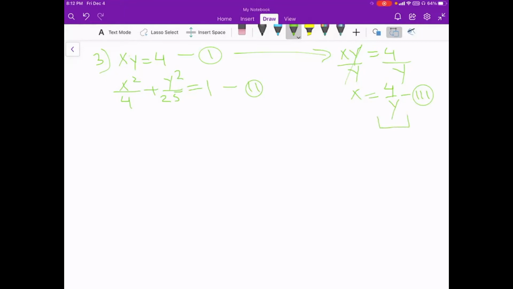So instead of writing x, what I'm going to write is 4 over y raised to the second power. That entire fraction is actually raised to the second power. Please do not forget that. Please do not mess up the exponent. Put that correctly. And then the rest of the equation is obviously going to stay the same.